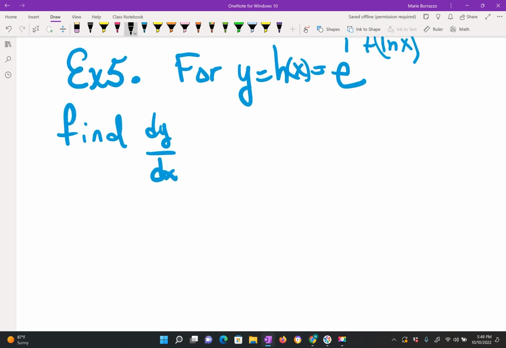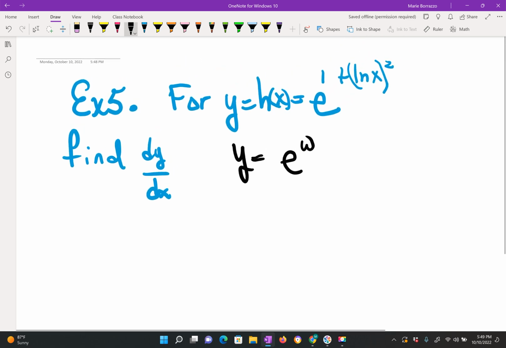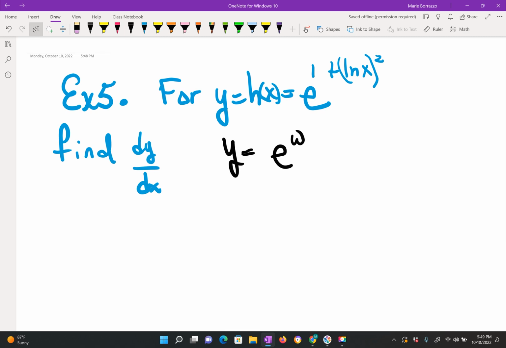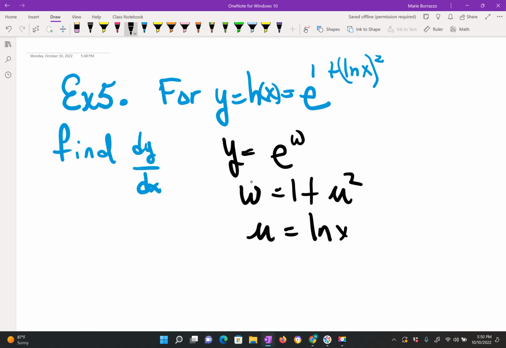Immediately I'm looking at this question, I'm thinking, well, this is the equivalent of y equal to e to the w, or any variable you want to use, where w equals 1 plus u squared, where u is actually the natural log of x.